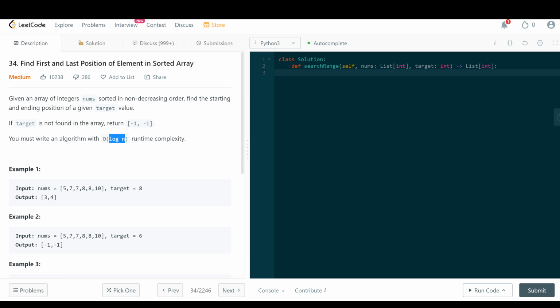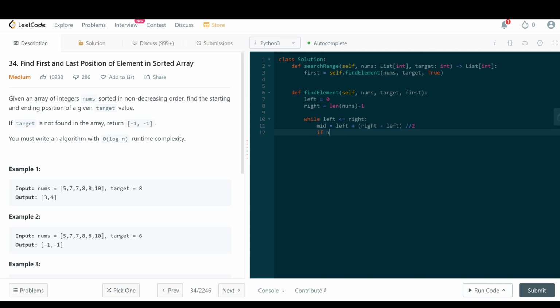Now we know that our array is sorted. So left is 0, right is len of nums minus 1, while left is less than or equal to right, guys.